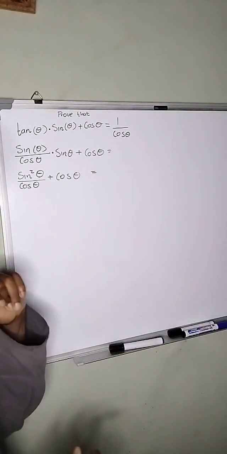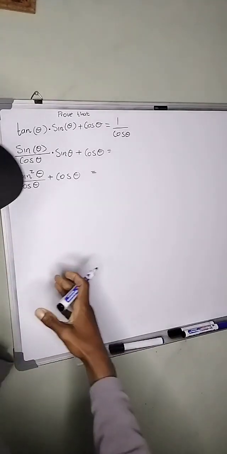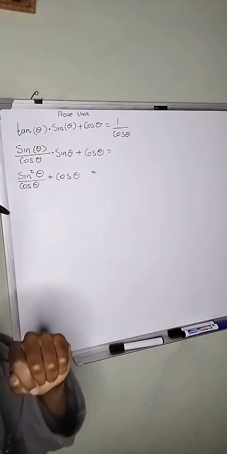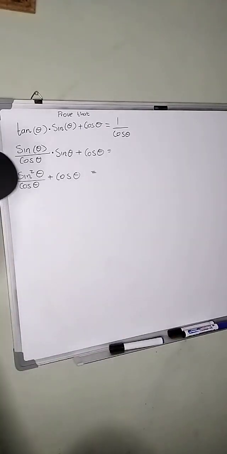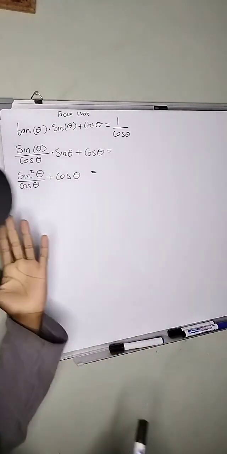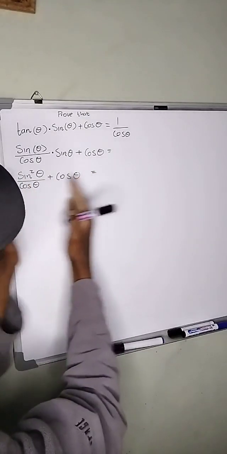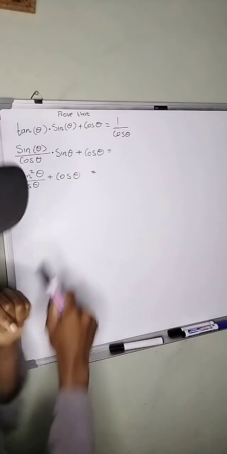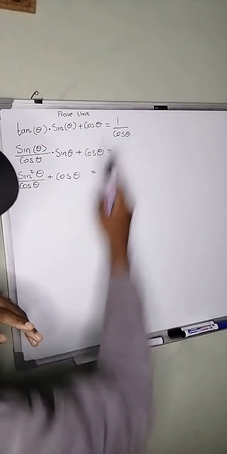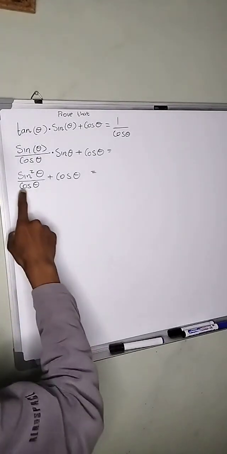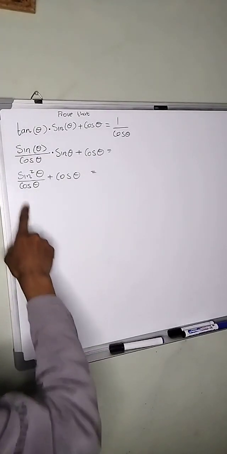Since I'm having that being equal to that, I see that on my left hand side I have two terms, but on my right hand side I have one term. This has to be converted to one term. So I'm just going to try and make the denominators the same.